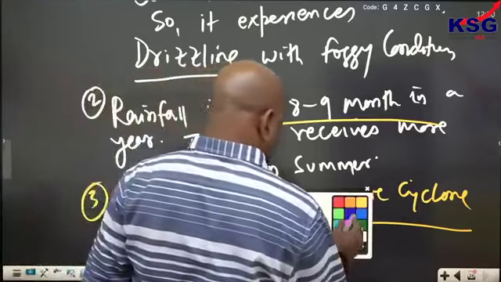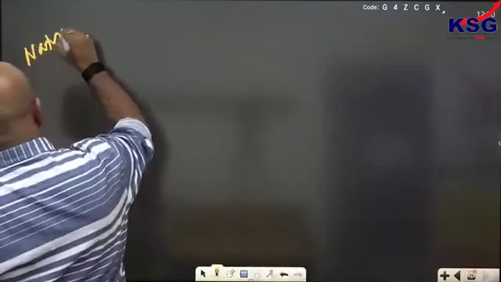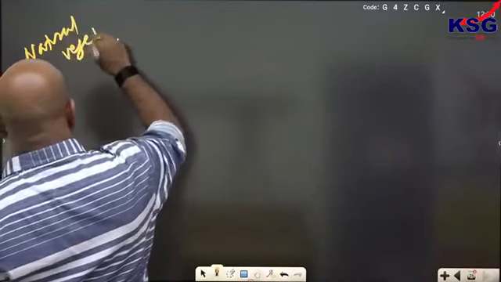Now, what type of vegetation you will have? Natural vegetation, deciduous and evergreen, both type you will find out here. Vegetation is cool temperate forest, okay.